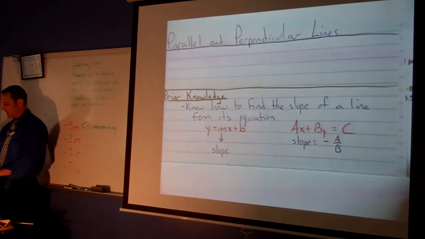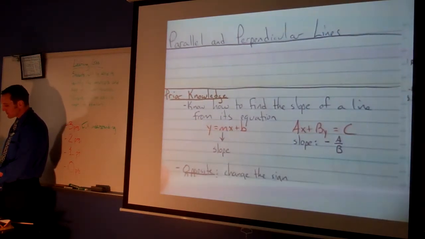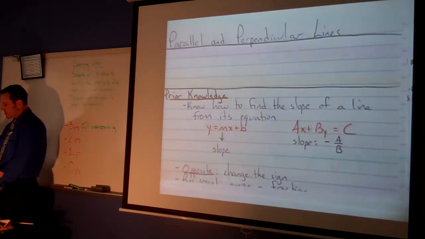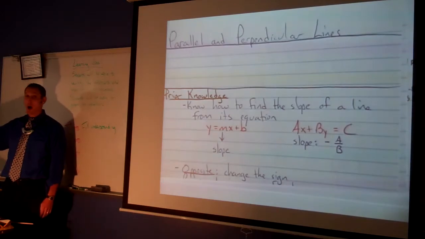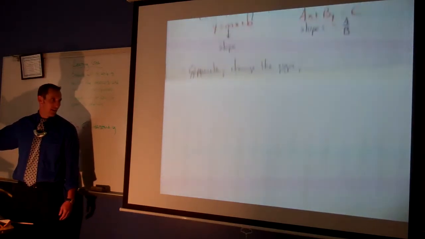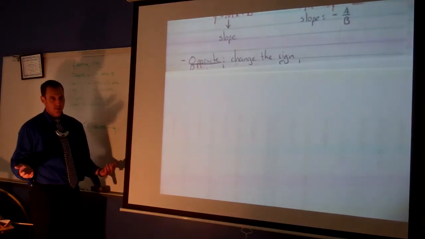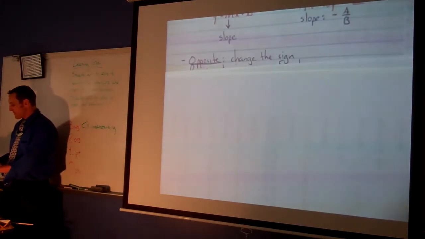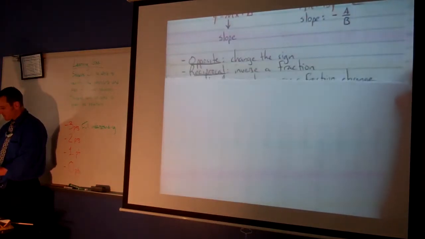So we'll need to recall how to find the slope of a line given its equation. We also need to remember what the word opposite means in algebra speak. Opposite means simply change the sign. We need to remember the definition of reciprocal.